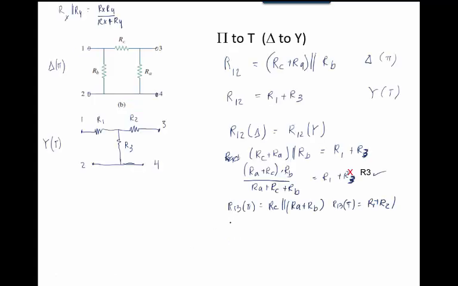And then the last one you get is R23, between 2 and 3, because this one doesn't count. It's just one node. R23, you'll do the same thing, will equal R2 plus R3, which will also equal, oh, I took shortcuts, RA in parallel with RB plus RC.